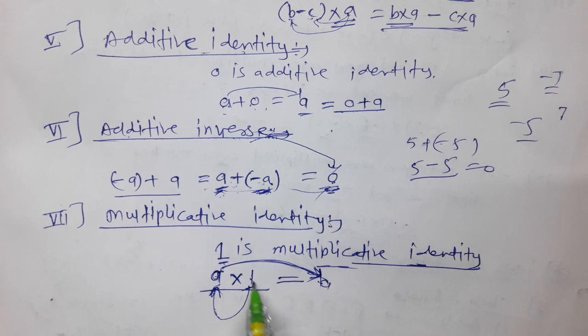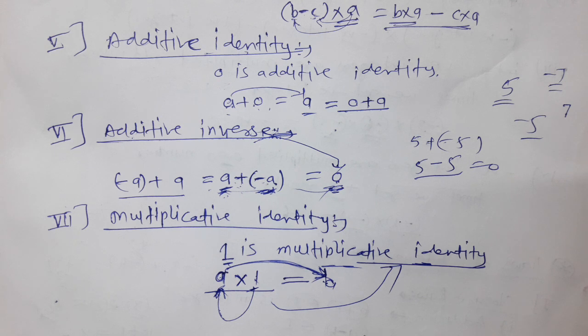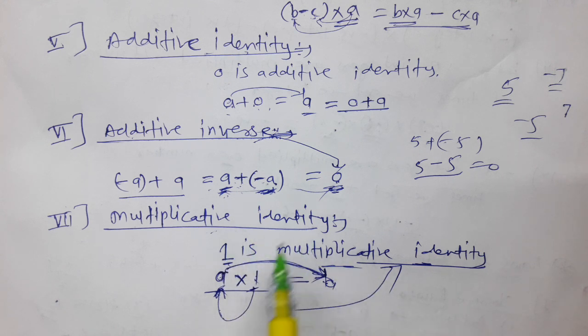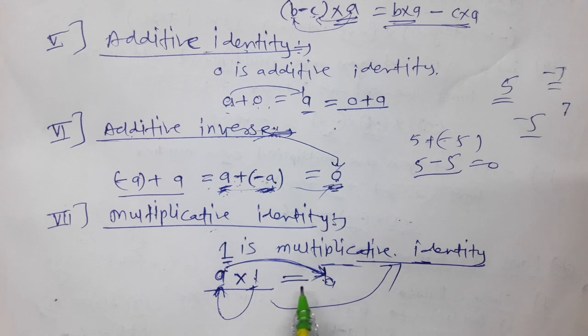So 1 is the multiplicative identity. Identity is the number for a particular operation. After performing this operation with that identity element, it will not change the other number. So the result is the same as that number.